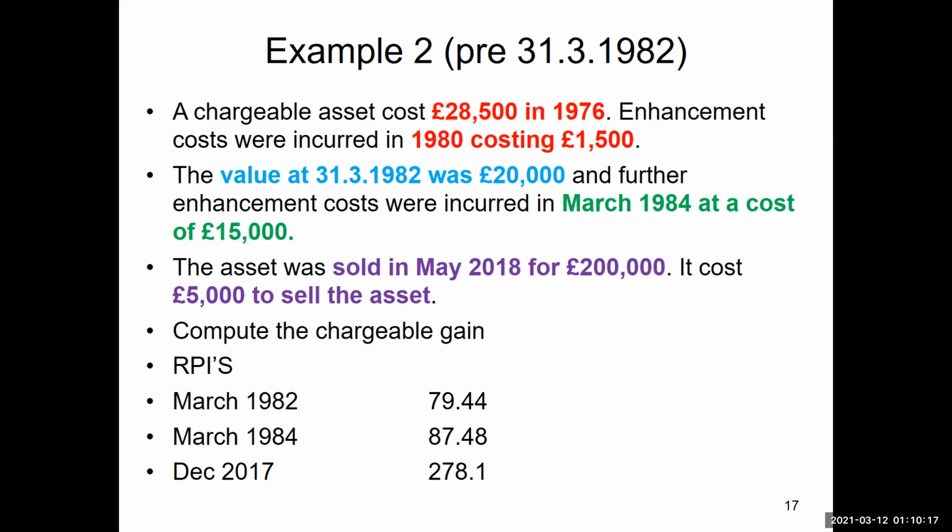We sold this asset in May 2018 for $200,000. And when we wanted to sell it, we incurred extra cost of $5,000. Now, compute the chargeable gain. RPIs have been given, okay, for March 1982, March 1984 when we did the enhancements, and then December 2017 when we disposed of it.